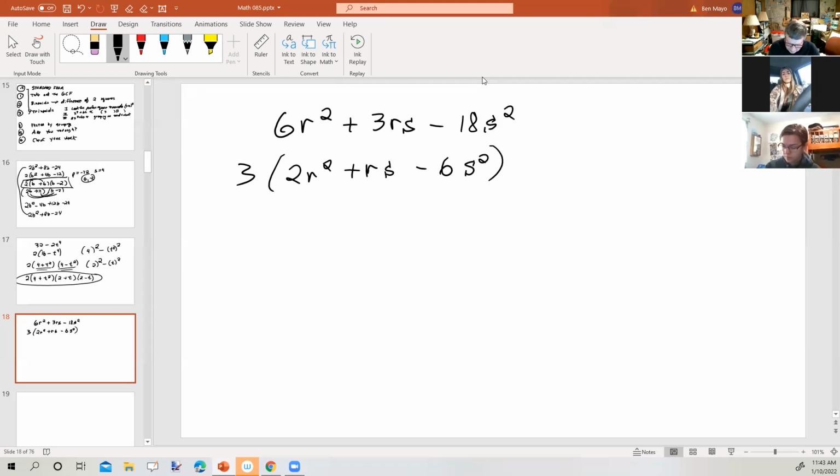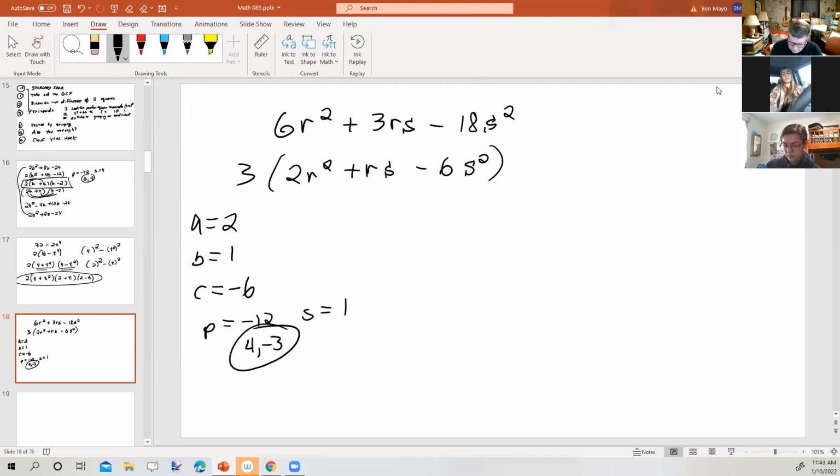Okay. Now, that trinomial, it's not a perfect square. It doesn't have a leading coefficient of a 1. So I'm going to use grouping or trial and check. I prefer grouping. When I'm done, if anybody wants me to go back and use the trial and check, let me know, and I'll be happy to do it that way. So A is 2, B is 1, C is -6, the product is -12, the sum is 1, the numbers are 4 and -3.